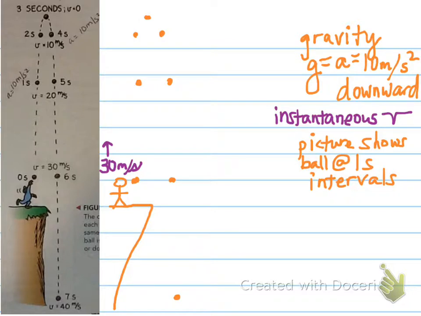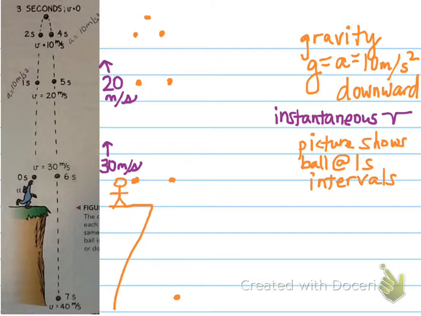So this time that's passed is 1 second. The acceleration due to gravity is going to have slowed it down. And here it's now going to be moving 20 meters per second, because it's 1 second and it slowed it down by 10, and it's still acting upward.